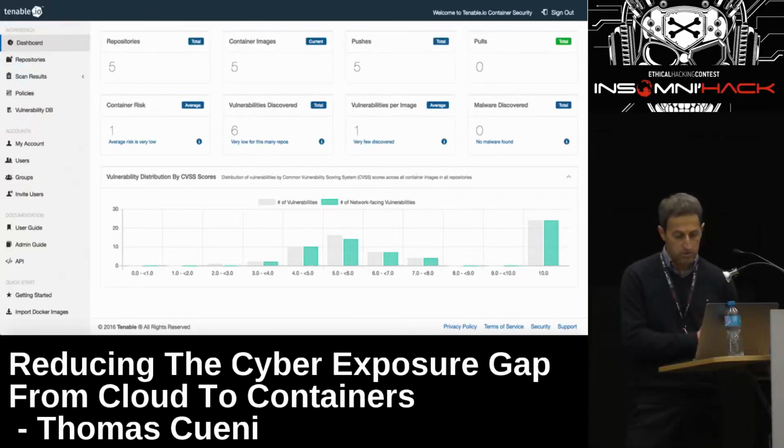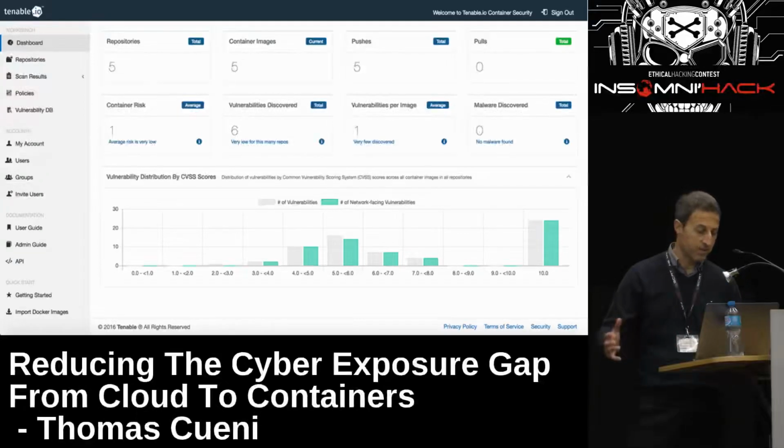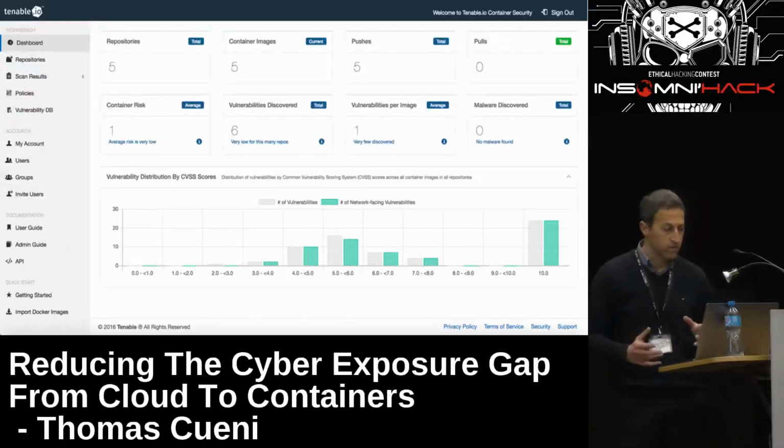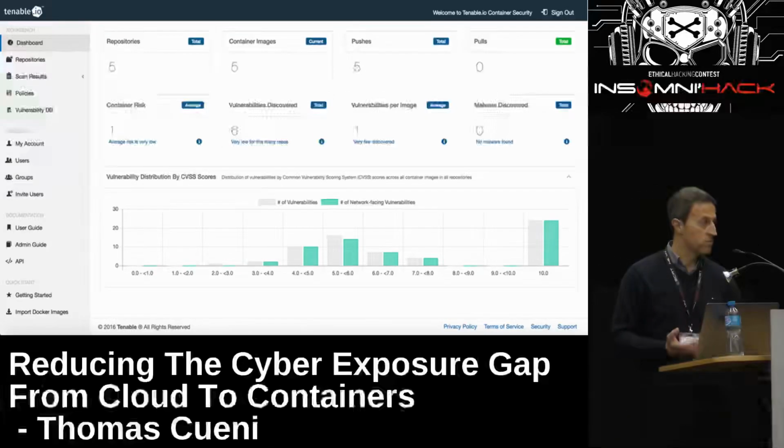how many vulnerabilities are in your images compared to other customers, because we take anonymized statistics and telemetry from these systems. We can really see what is the industry average. We have seen before that on average from official registries, we had like 15 vulnerabilities per container image, and from community images it was around 40.